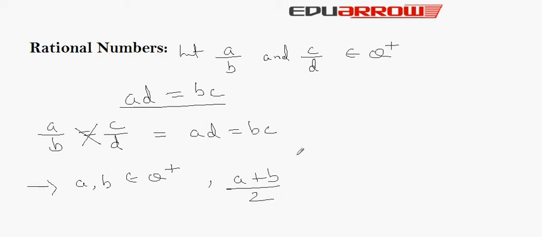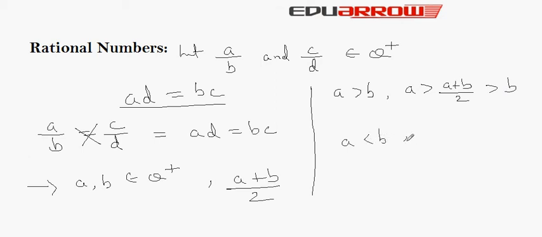For example, if A is greater than B, then A will be greater than A plus B by 2, which will be greater than B. Similarly, if A is less than B, then A will be less than A plus B by 2, which is less than B. Now, let us see this concept by taking a question.